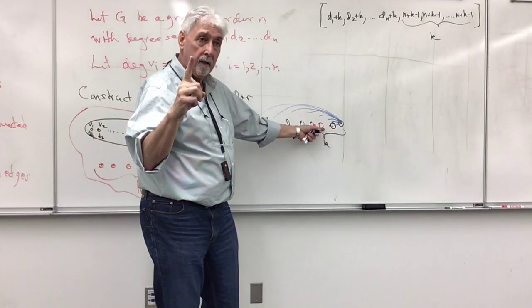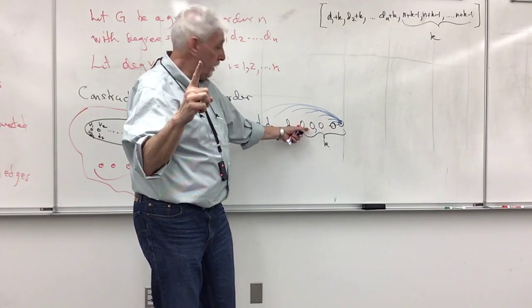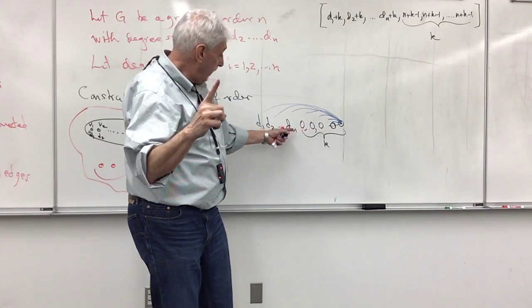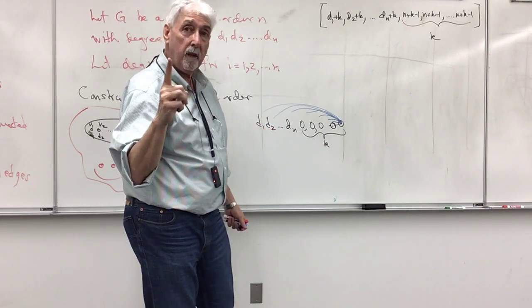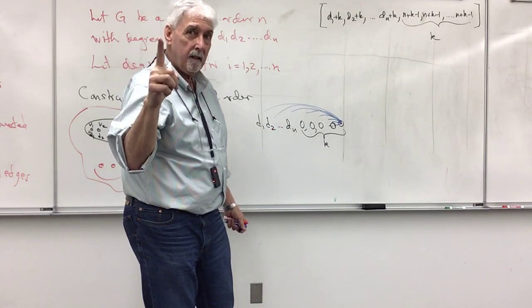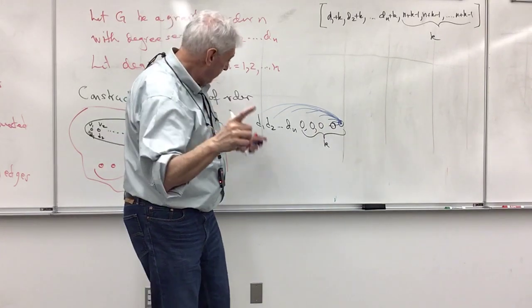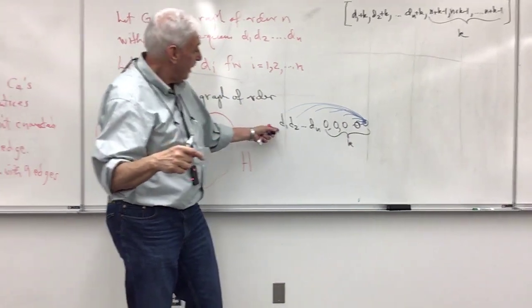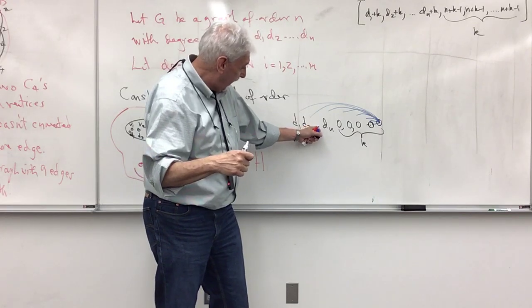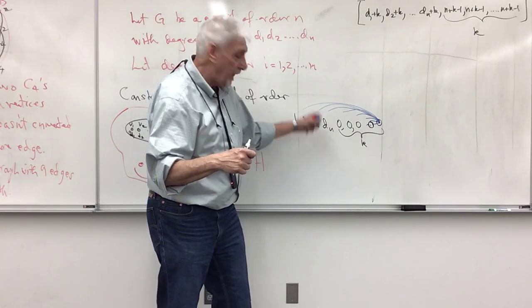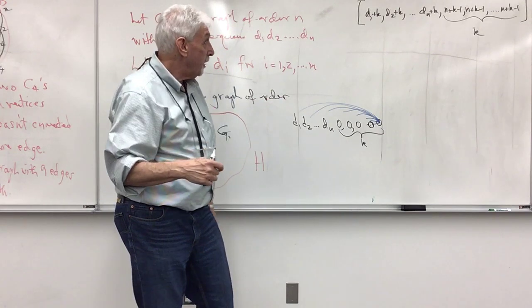And this point? 1. And all of these points? 1. And these points? N plus 1? Sorry. If I choose a point right here, di, the degree of di is now di plus 1. Yes.